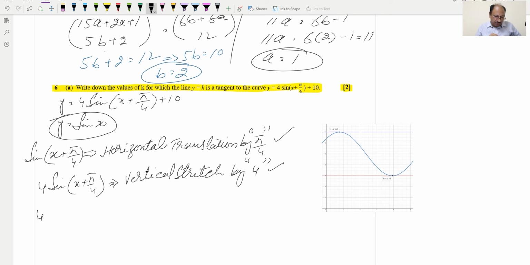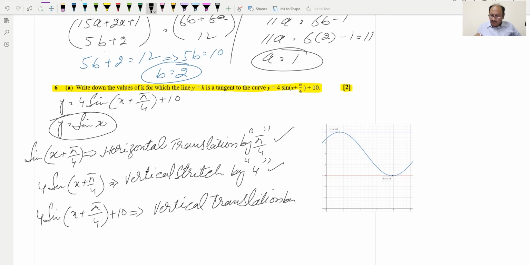So we can write 4 sine of x plus pi by 4 plus 10 represents vertical translation by 10 units. Yes.